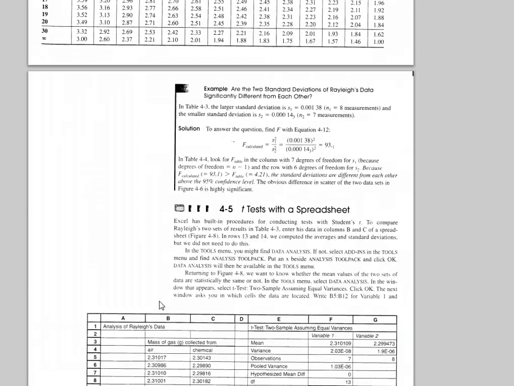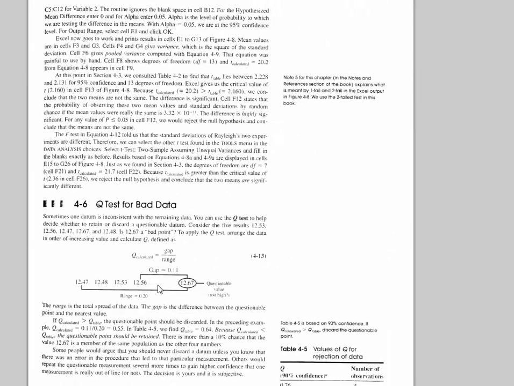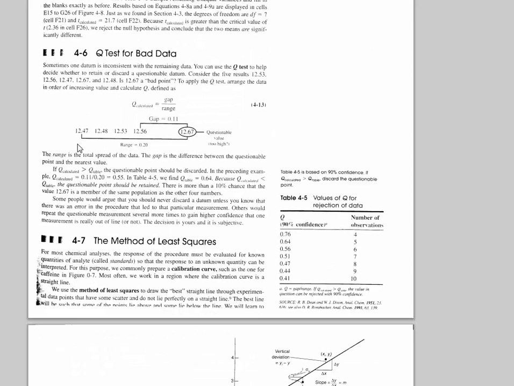So in this PDF document, after the F test, you're going to see the Q test. And that basically is doing the same thing here that we are. It gives you an example. And then over here to the right, you're going to see a table. And that table is going to be the Q table value that we're going to compare to.